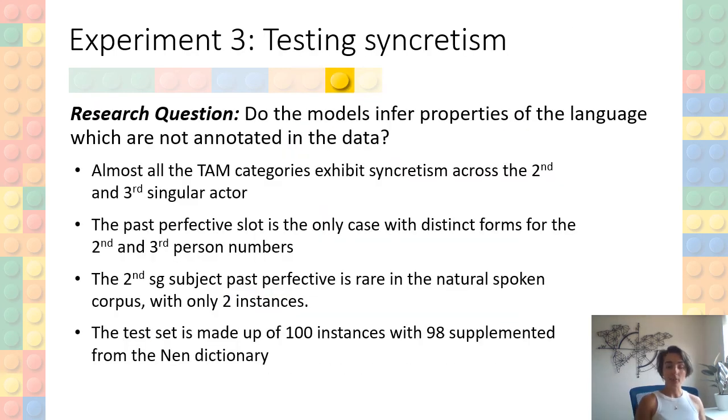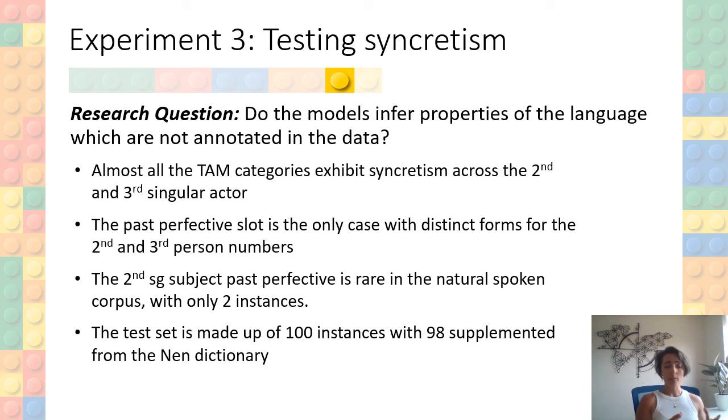Our last experiment was about testing syncretism. So our research question was whether the models actually infer properties of the language which are not directly annotated in the data. So in the NEN language, almost all TAM categories exhibit syncretism across the second and third singular actor. And there's only one instance where this breaks, and that's the past perfective slot, where there's distinct forms for the second and third person numbers.